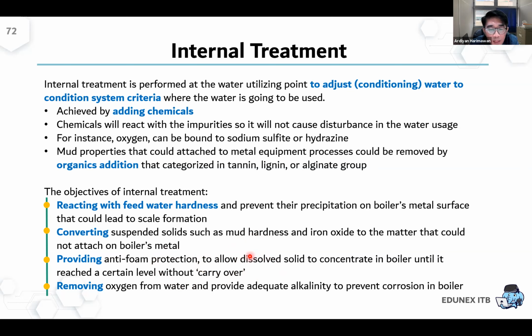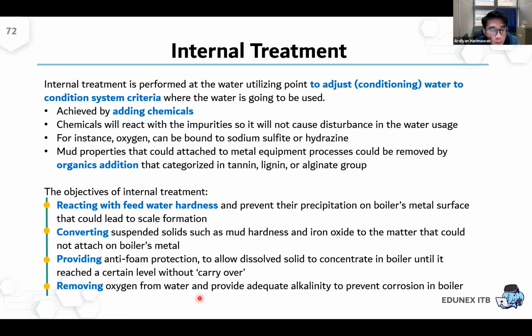If you have foam in the boiler, it may be carried over to the next process. So the steam will carry the organic component. We do not want this, because it will create problems in the subsequent process. So to prevent the carryover due to foam formation, we add anti-foam.